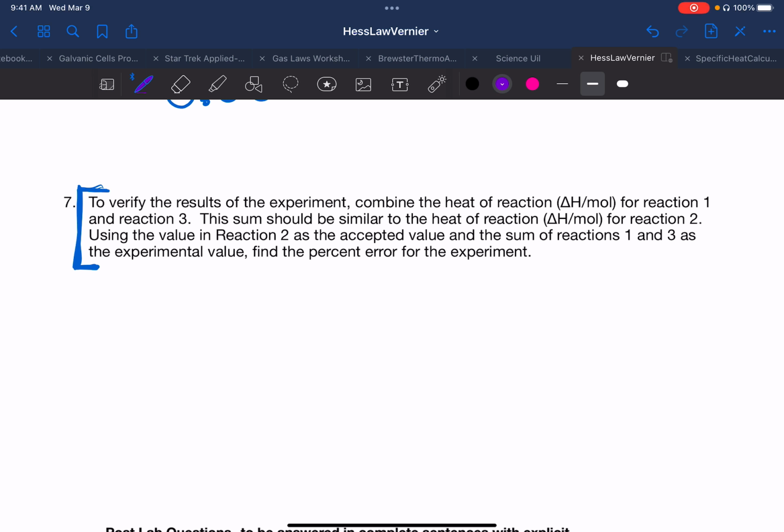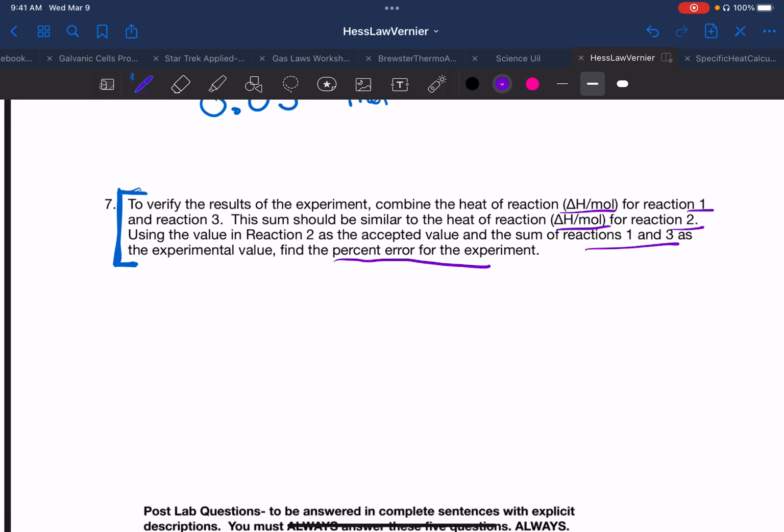We're putting 1 and 3 together to produce number 2. The sum should be similar to the delta H per mole for reaction 2, using the value in reaction 2 as the accepted value and the sum of reactions 1 and 3 as the experimental value. Find the percent error. So you have a lot going on here. You have to find your delta H's first for each of the reactions, then sum them up for 1 and 3, and then do your percent error.